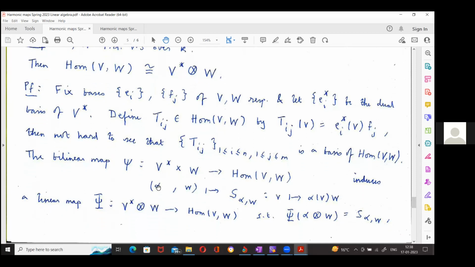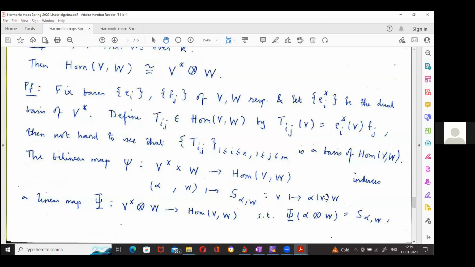Suppose I have a linear function alpha on V, so that's an element of V star, and I have a vector w in W. Then this defines again a rank 1 linear map S_{alpha,w}, which is the linear map from V to W, v goes to alpha of v times w. So this is rank 1, right? It takes values in the line spanned by w.